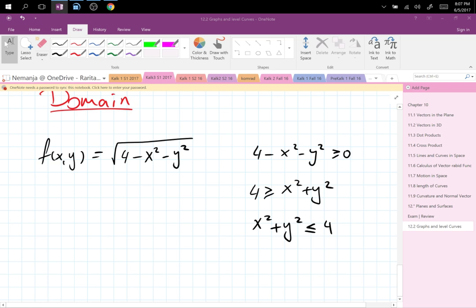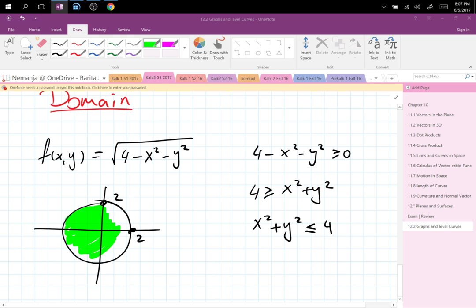A circle with radius 2, and... not a ball, it's this over here. Everything inside. Everything inside. Very good. We are talking about the domain. So you have a circle whose radius is 2, and everything inside, including the outside edge, is what you have as a domain.